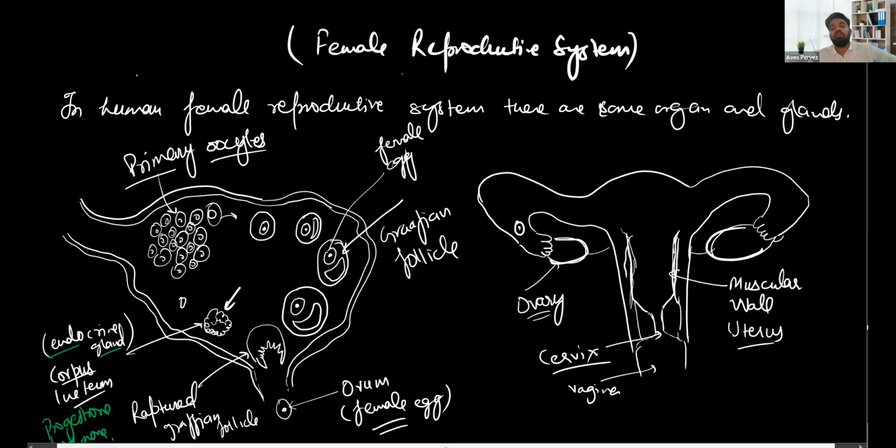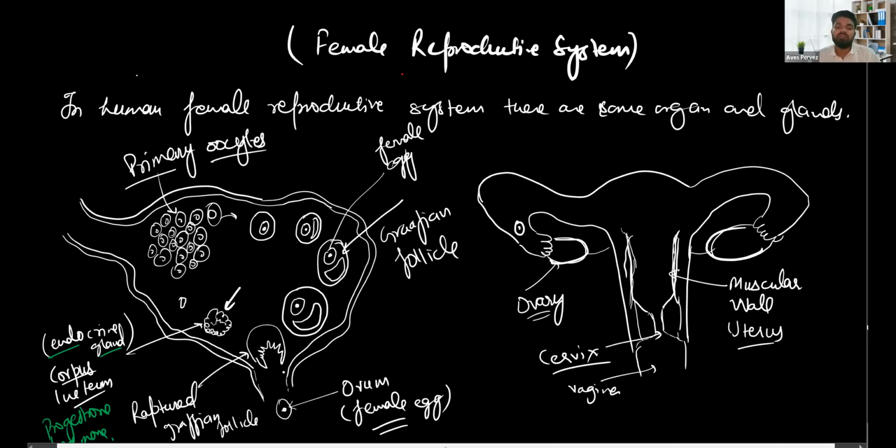In females, the ovary secretes two types of hormones: one is estrogen, and the second is progesterone. Progesterone is secreted by the corpus luteum, which is formed by the ruptured Graafian follicle. If fertilization occurs, this progesterone secretion will continue. If fertilization does not occur, meaning the ovum does not meet the sperm, then it will disintegrate and a new cycle will start.